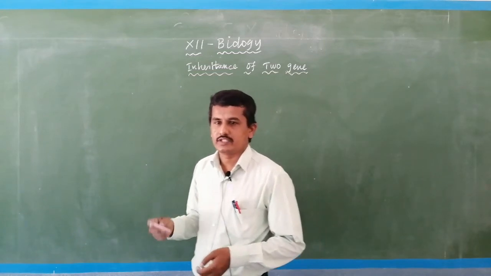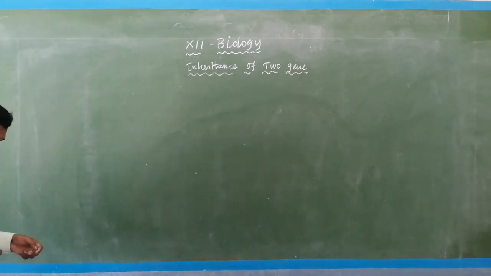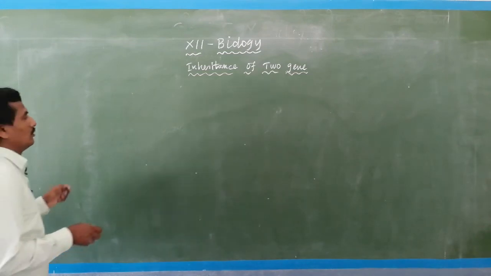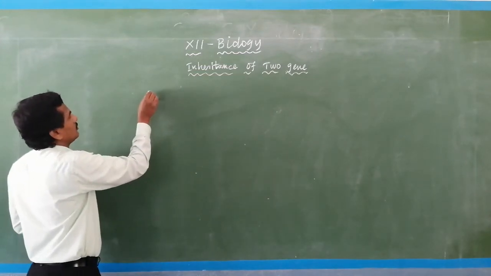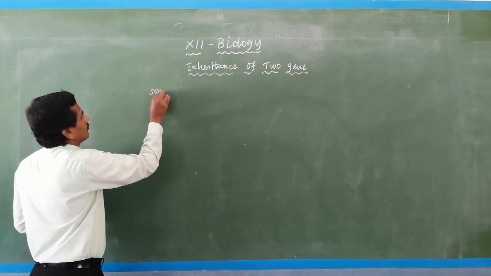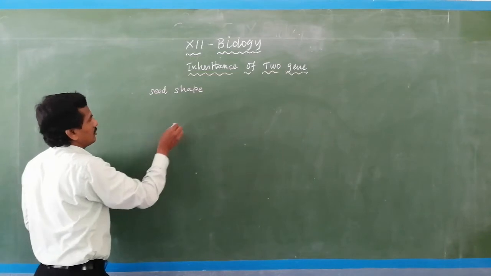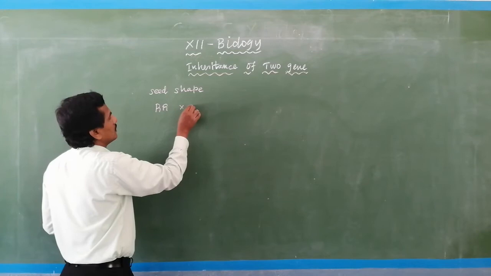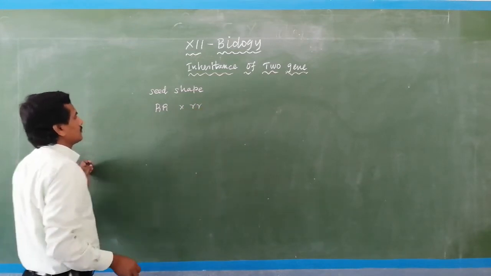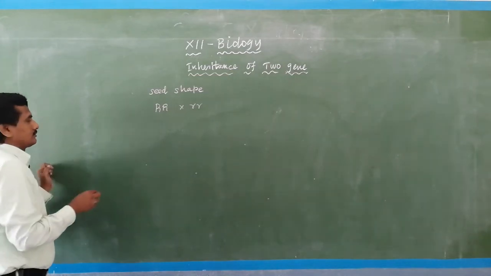Okay. Now, we take the garden pea plant, with round seeded plants and yellow, round shaped seeds. In seed shape, round is one version and wrinkled is one version.